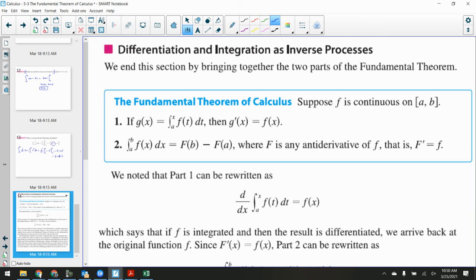So we can put the fundamental theorem of calculus part 1 and part 2 together to say that if you want to find the derivative of an integral, it gives you back the function. If you want to find the integral, it gives you the antiderivative. It kind of works itself backward. I don't think I even need to talk about the part below. Pretty cool, right? Pretty nice and easy.